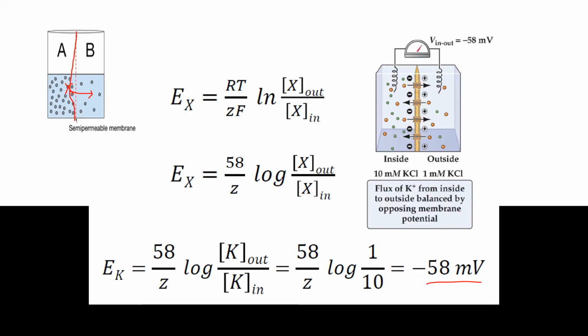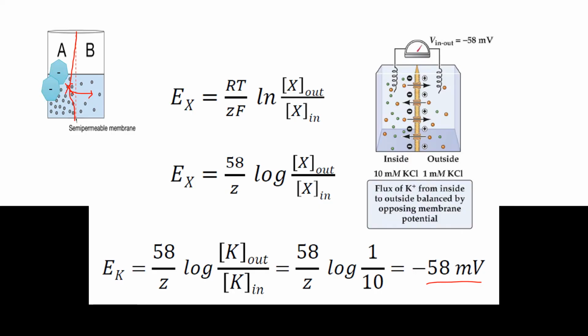Here they have already altered it: initially it was minus RT by ZF log of potassium inside by outside, so they have reversed it, taking out the negative sign. It was outside by inside, now it has become 1 by 10, so the equilibrium potential has become minus 58 millivolts.